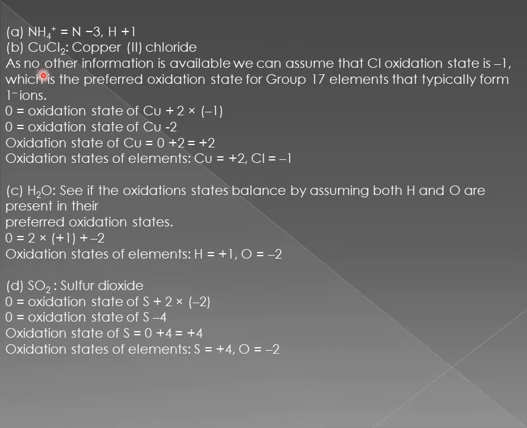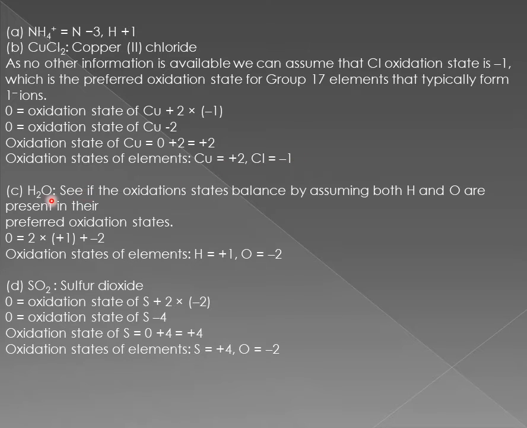So to calculate the copper oxidation number, 0 equals the oxidation state of copper plus 2 times -1. So 0 equals the oxidation state of copper -2. The -2 will move to the other side, it will be +2. So the oxidation state of copper equals 0 plus 2, so the total is +2. So the answer: copper +2, chlorine -1.